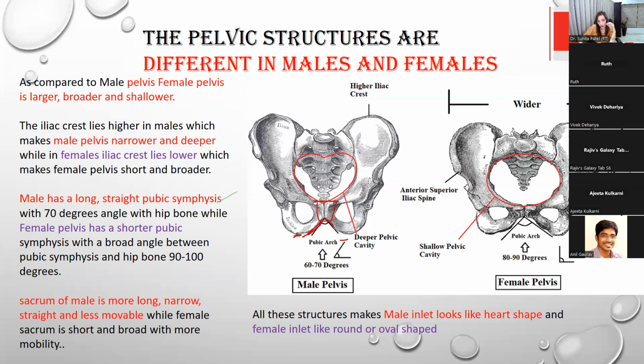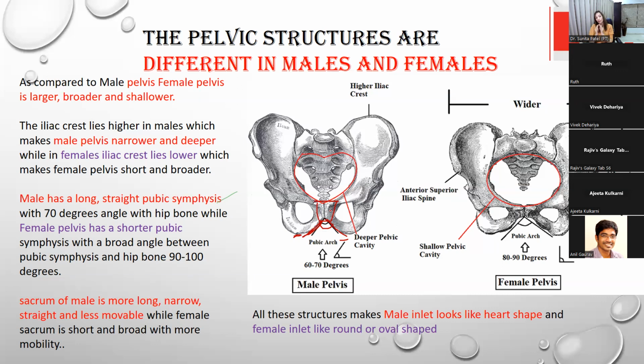By following these two parts, you will find an angle where both bones come closer together. This angle we call the pubic arch. This pubic arch is narrower in male, because the ischial tuberosities are closer together; they are not away from each other, since we don't need any mobility or movements in that area.